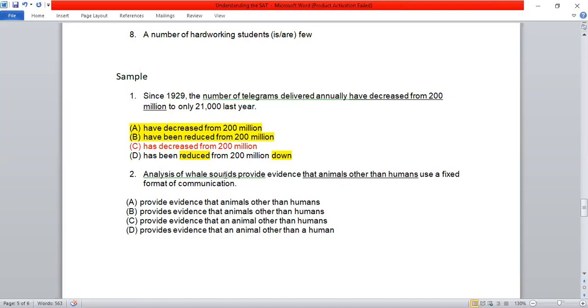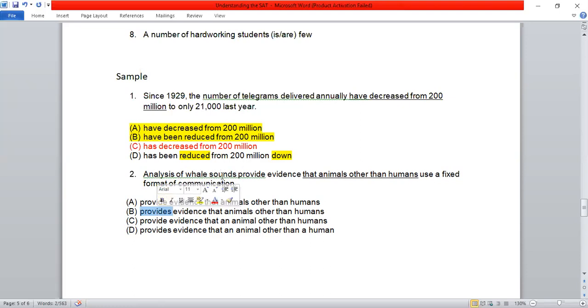Analysis of whale sounds provide evidence that animals other than humans use a fixed format of communication. Provide evidence or provides evidence? So who's providing this evidence? Let's find out. Analysis of whale sounds provide.